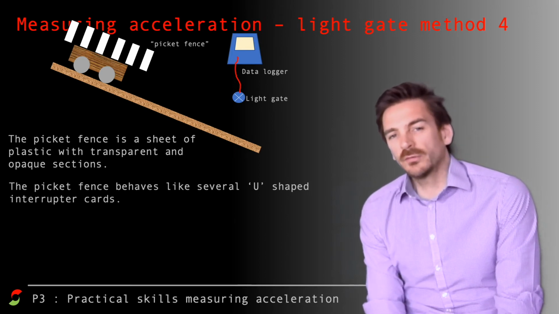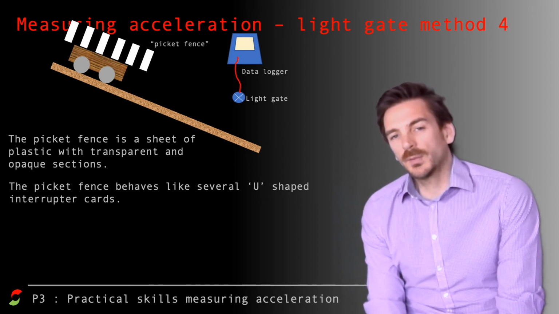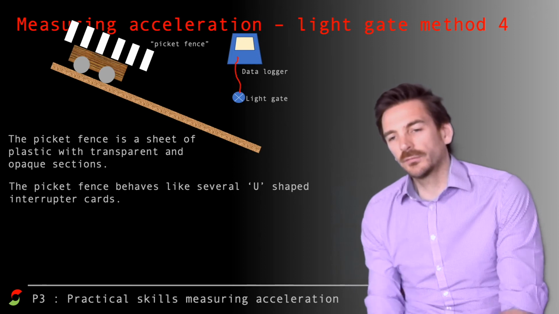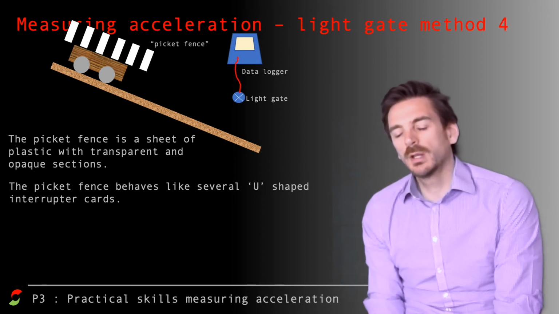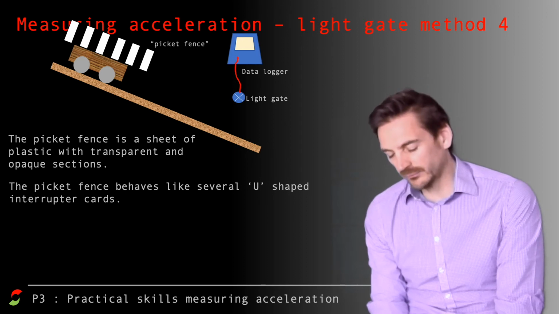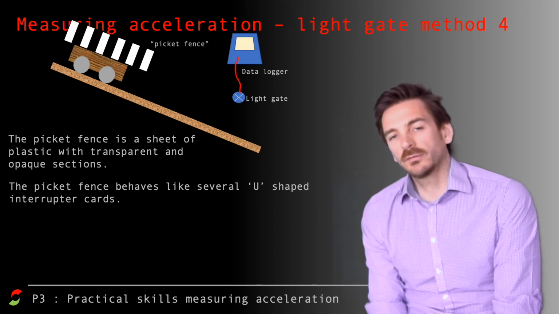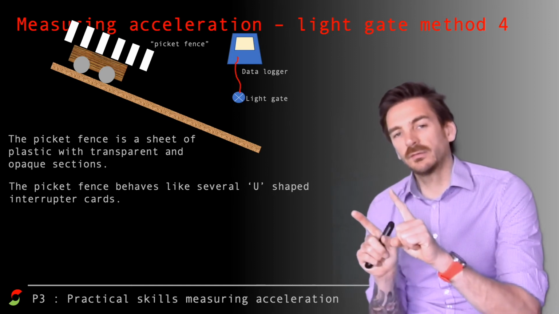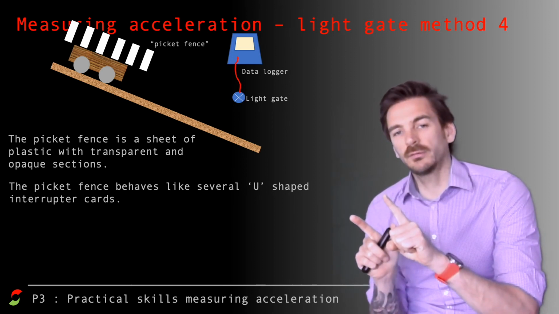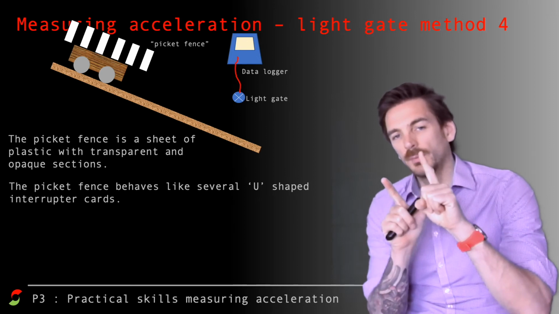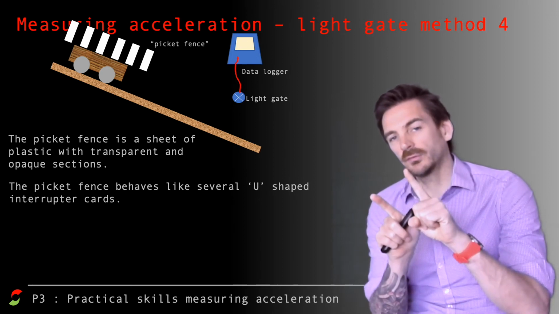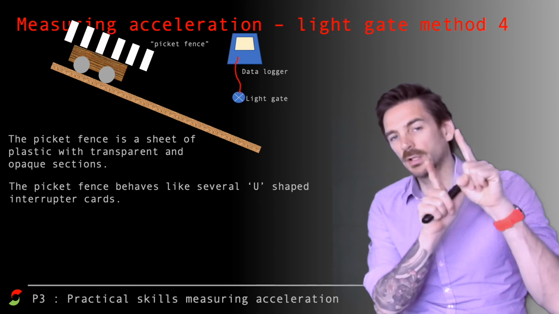It's very similar to the U-shaped method, but you consider that the picket fence is made up of several pairs of sections. The first opaque section breaks the beam of light, and then a second section breaks the beam of light, and you've got two velocities that it will calculate the acceleration from, and then it will pair up another pair of opaque sections, and another pair, and then another pair.